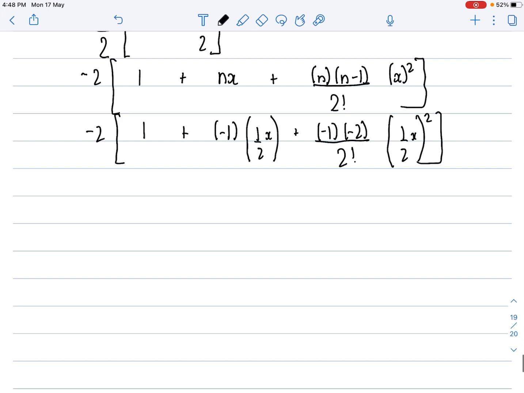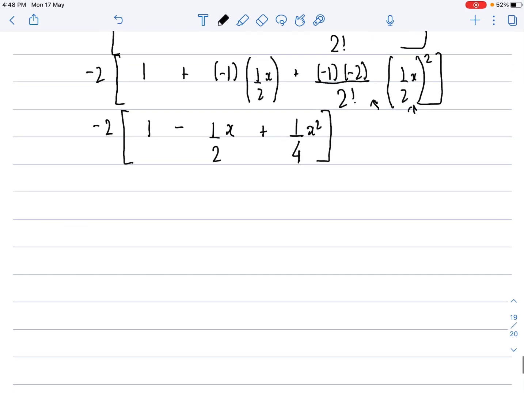So now I can write this as minus 2 times 1 minus half x, plus I know minus 1 into minus 2 over 2 factorial is 1, and 1 upon 2x the whole square can be written as 1 over 4x squared.